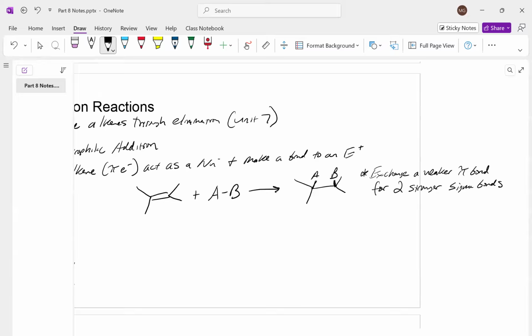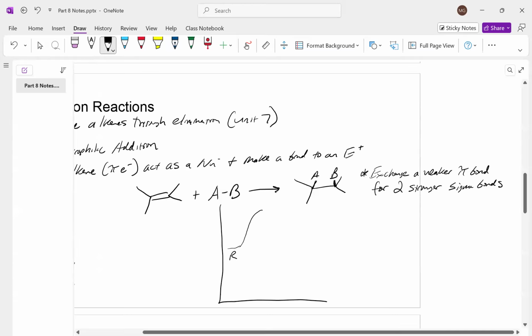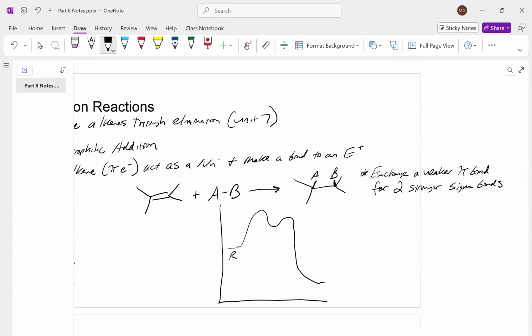So the product ends up being more stable than the reactant. If we draw a reaction coordinate, or an energy diagram, for this, it would look something like this. We'll start with our reactants here, and then we get down to our products.